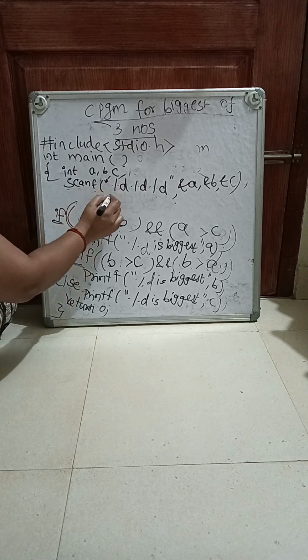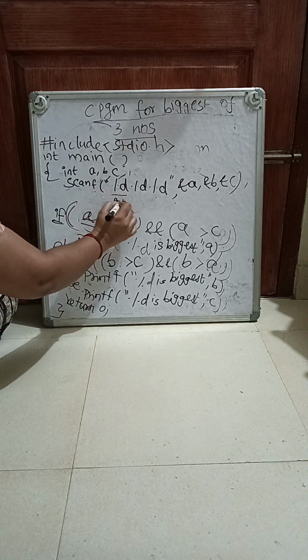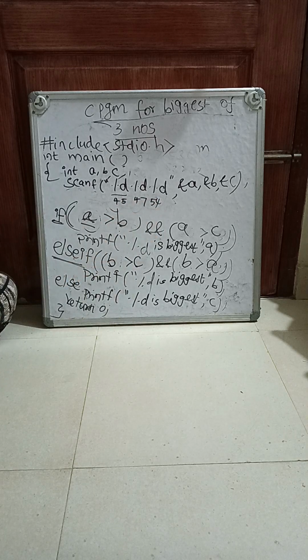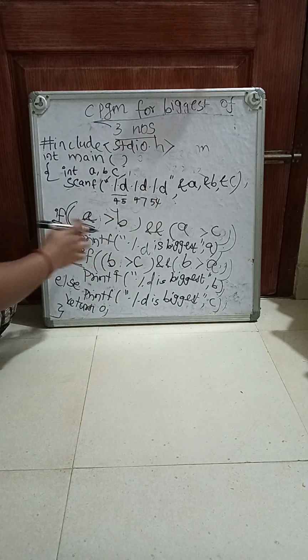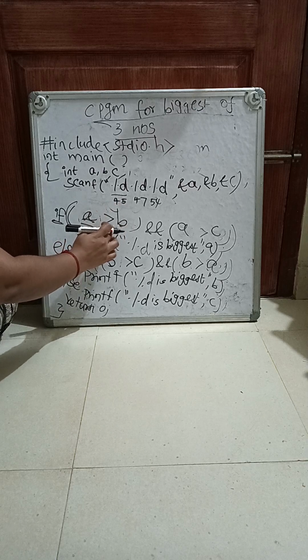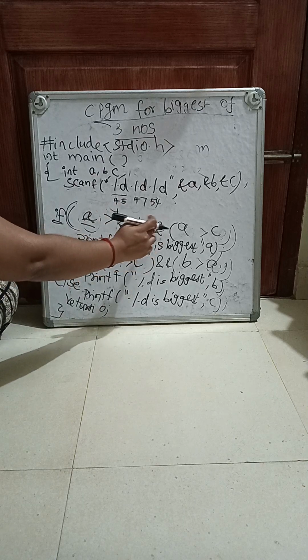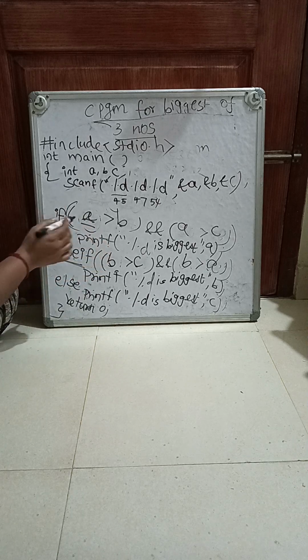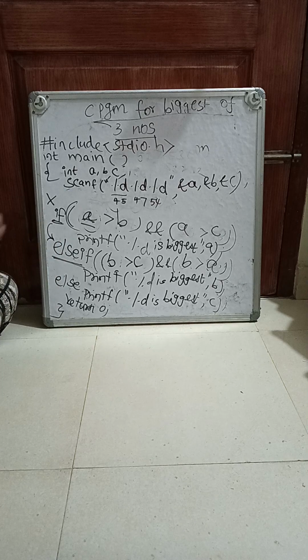So here I will read the values, any values, for example 45, 47, 54. If A is greater than B, 45 is greater than 47 and 45 is greater than 54, then this will print. Otherwise, if this condition fails, definitely here it goes.